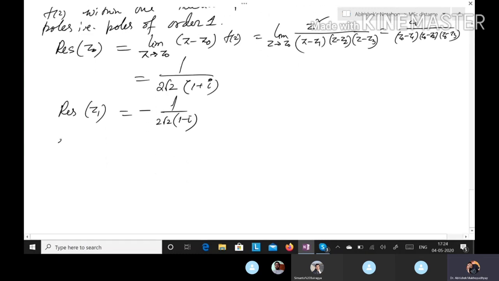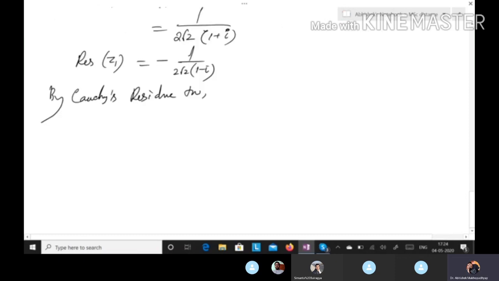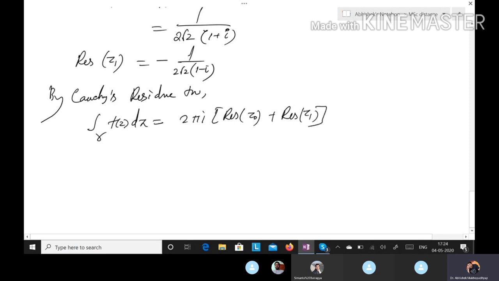Now using Cauchy's residue theorem, what can we say? The integral over gamma of f(z) dz must be 2 pi i times the sum of the residues of f(z) at the isolated singularities lying within the interior of gamma, that is, at z0 and z1. This will be the value. Now what is gamma?